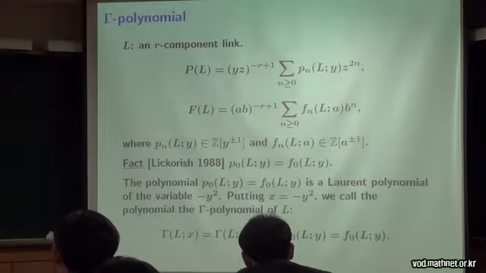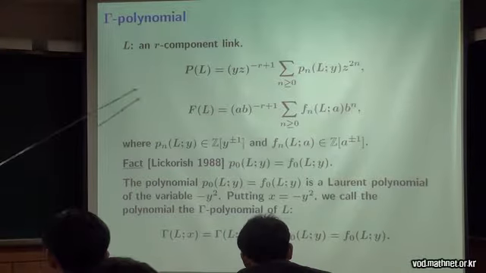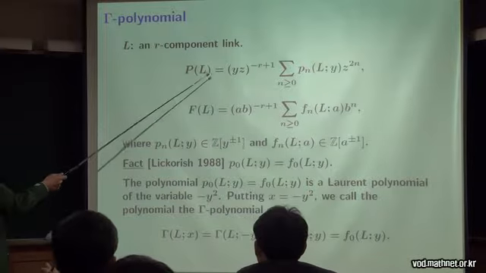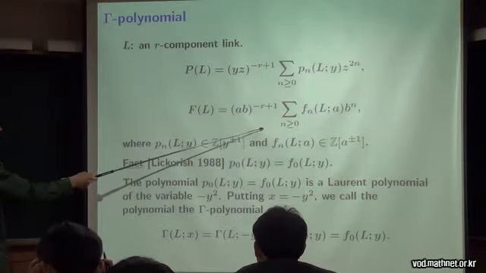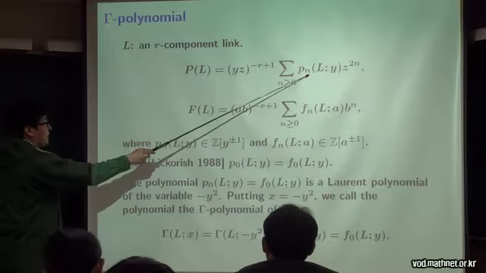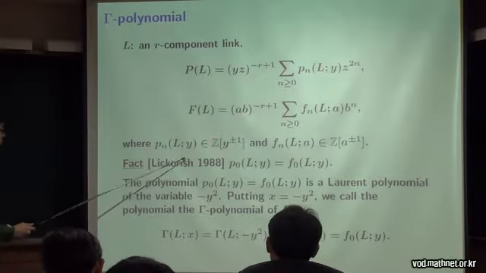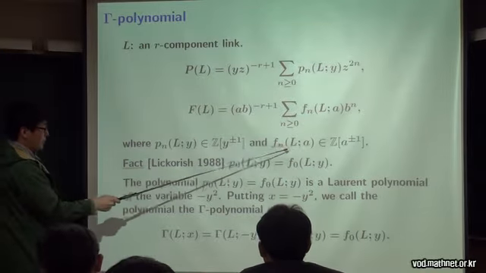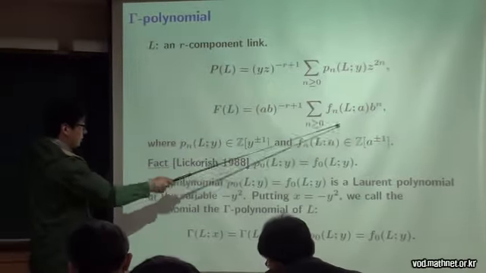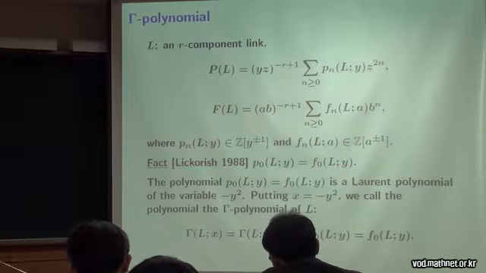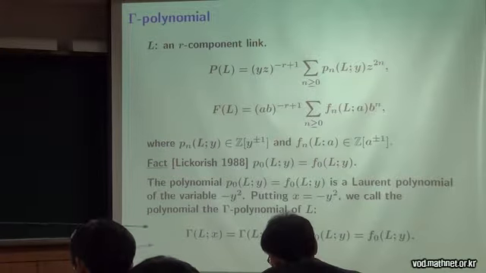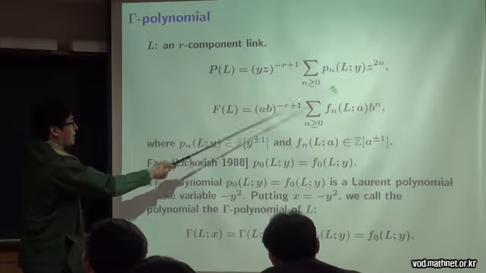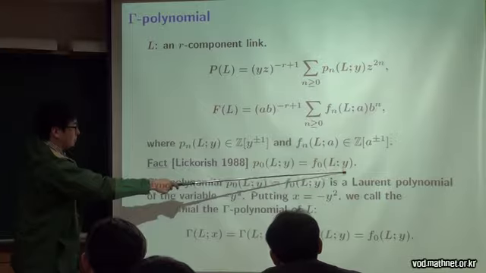Anyway, the HOMFLY-PT polynomial and Kauffman polynomial of an r-component link are presented by the following. Okay. And this Pn is a Laurent polynomial of the variable y, and this Fn is a Laurent polynomial of the variable a. And it is known that the zeroth coefficients of HOMFLY and Kauffman coincide, like this.